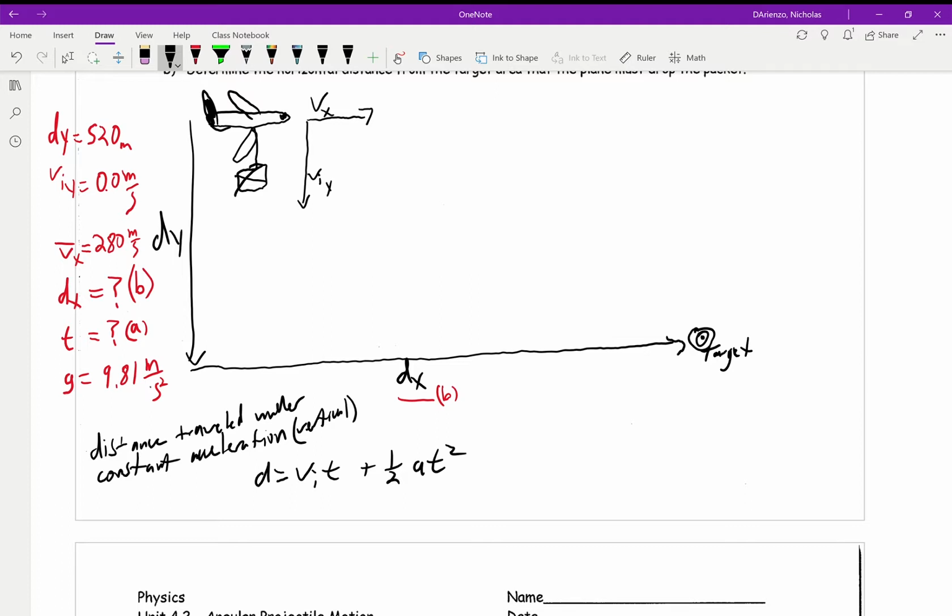We're going to adjust this a little bit so that it's only dealing with the y component, the vertical component of the motion of our crate. So we look at the initial velocity in the y direction. Time doesn't change, so we keep that as is, plus 1/2 acceleration in the y times t squared. We've adjusted the variables so that we're only referring to motion in the y direction. So that's our distance, our velocity, and our acceleration.